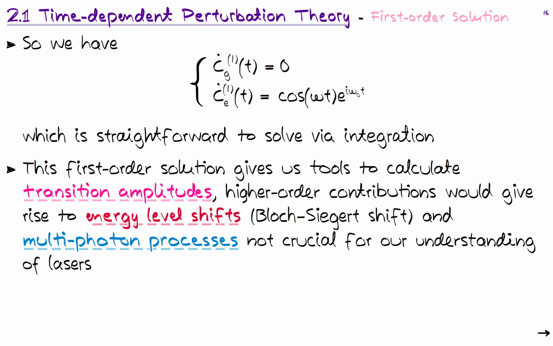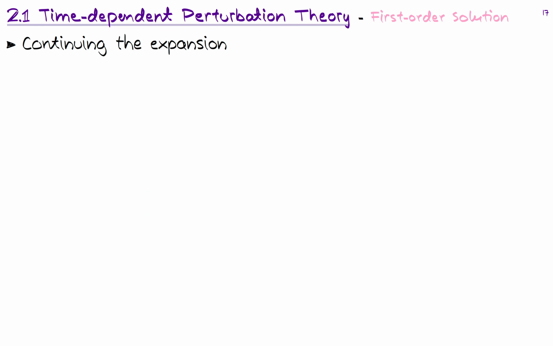This is not really crucial to understand the behavior of lasers, for example how a transition into the excited state starts saturating. It's enough that we know that we can raise the electron, and that's fine.